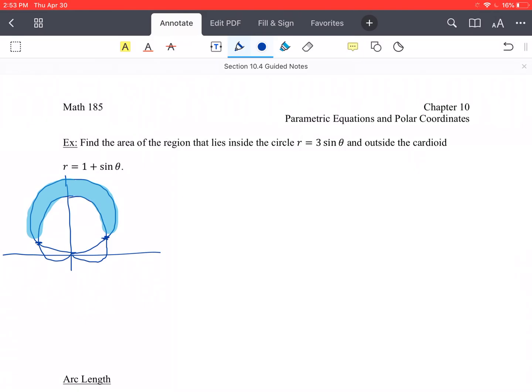But don't forget what our variable is here. Our variable is theta, so what we really are trying to find is the angle at which these graphs intersect. Okay, so I'm looking for theta equal to some angle over here, and theta equal to some angle over here, and that's going to give us our boundary. Okay, so to do that, we need to find intersections.